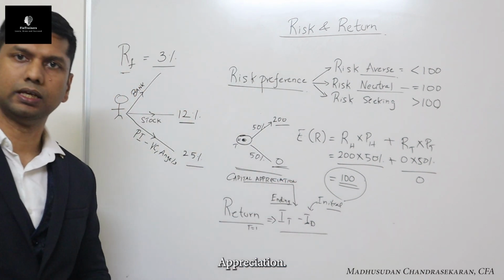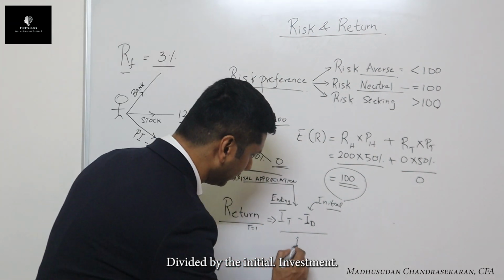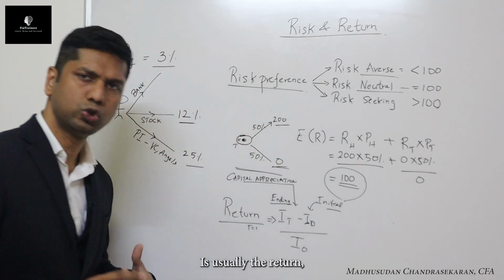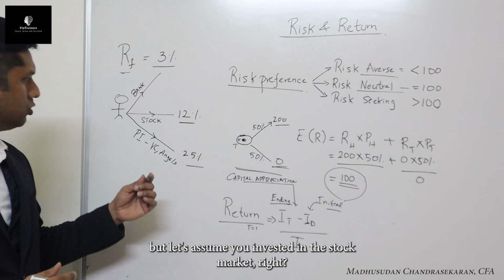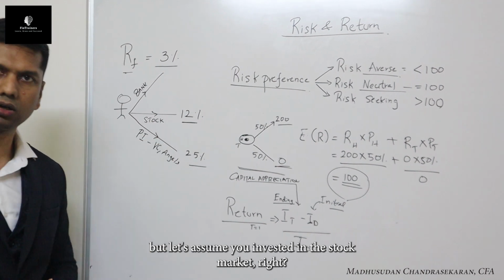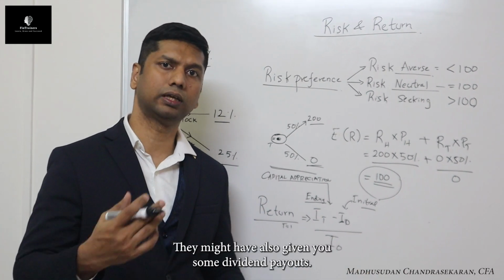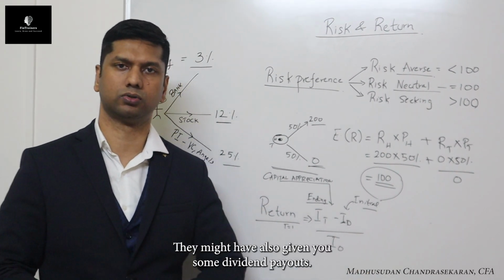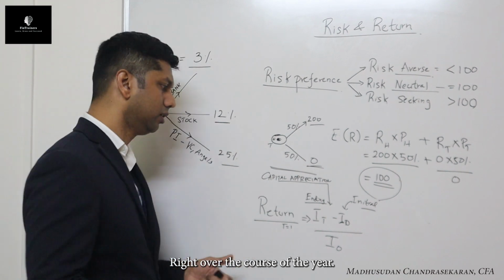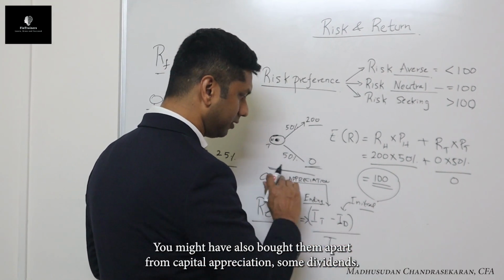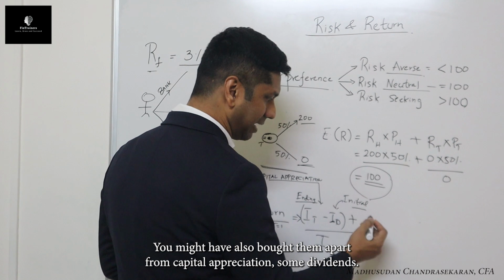This capital appreciation divided by the initial investment is usually the return. But let's assume you invested in the stock market, right? Instead of stocks, they might have also given you some dividend payouts, right? Over the course of the year, you might have also gotten, apart from capital appreciation, some dividends.